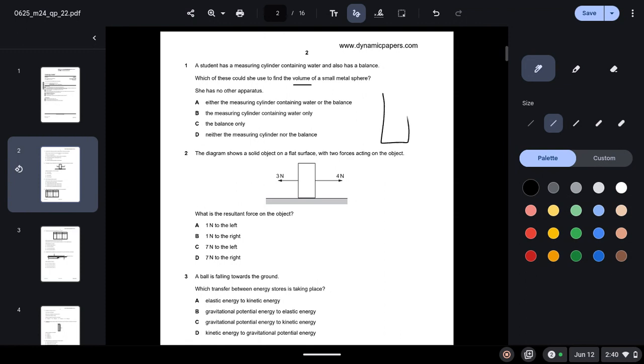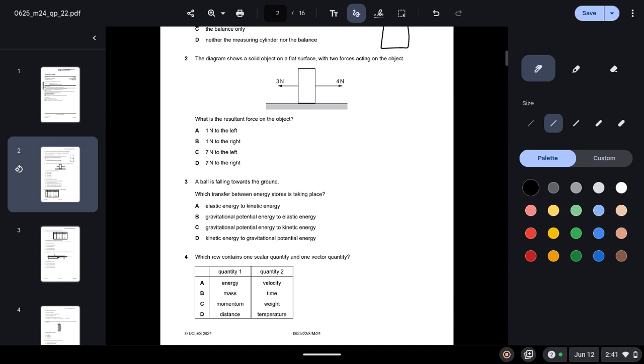A volume we can find using a measuring cylinder containing water. When she adds the sphere into the measuring cylinder, the water will rise, and so the change in the reading of the measuring cylinder will give you the volume of the sphere. So she can use the measuring cylinder containing water only.